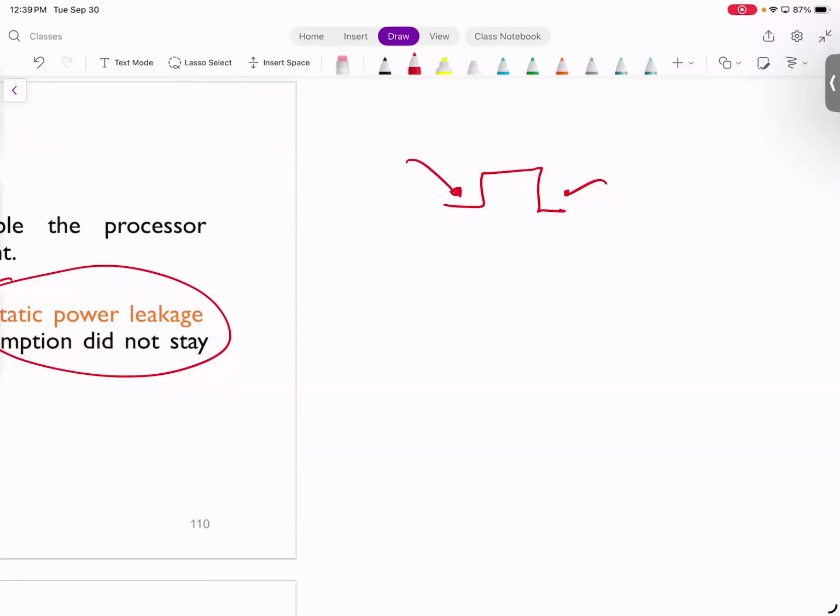If these two become very close to each other, there are opportunities for electrons to tunnel, and when they tunnel, you leak power. So even when the transistor is supposed to be quote unquote off, since they are very close to each other, there might be a small amount of leakage. It involves a lot of device physics that we're not going to talk about, but just know that once these devices get closer and closer to each other, unfortunately there's the opportunity for leakage.